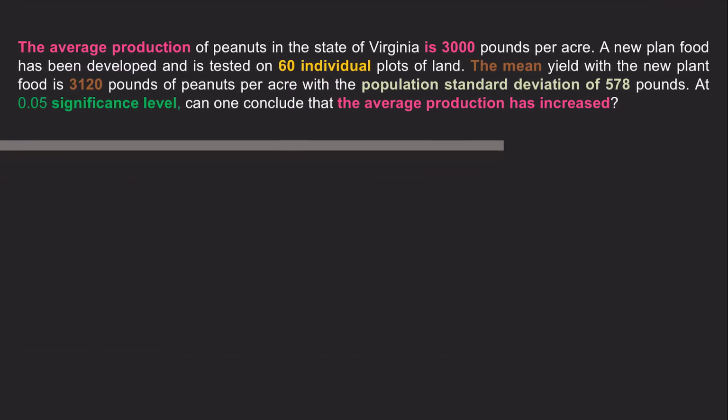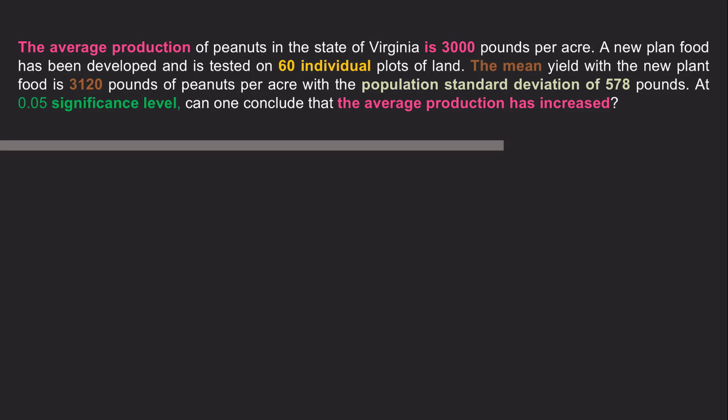Chapter 17 Test of Significance. In this video, I am going to discuss this example. The average production of peanuts in the state of Virginia is 3,000 pounds per acre. A new plant has been developed and is tested on 60 individual plots of land.